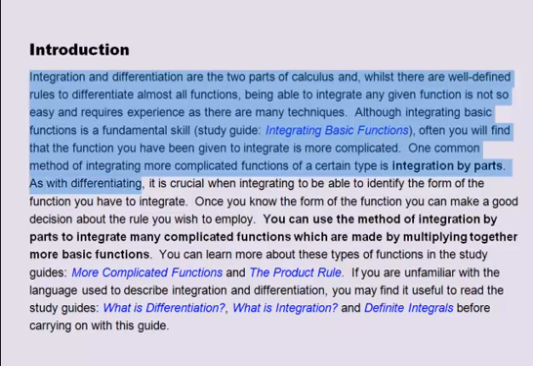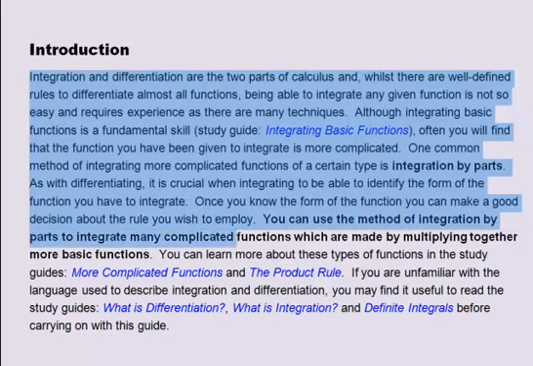As with differentiating, it is crucial when integrating to be able to identify the form of the function you have to integrate. Once you know the form of the function, you can make a good decision about the rule you wish to employ. You can use the method of integration by parts to integrate many complicated functions which are made by multiplying together more basic functions.